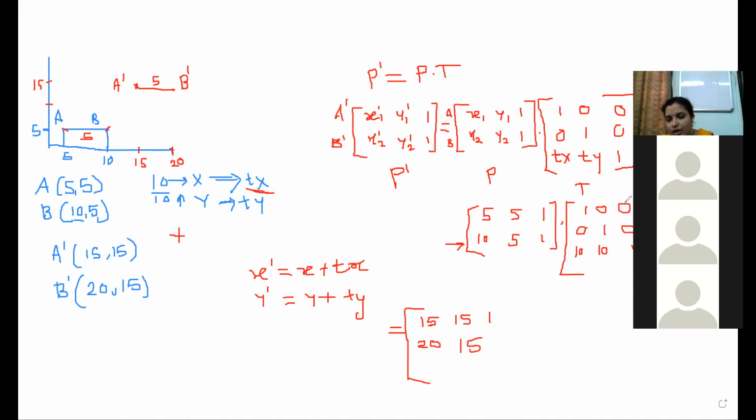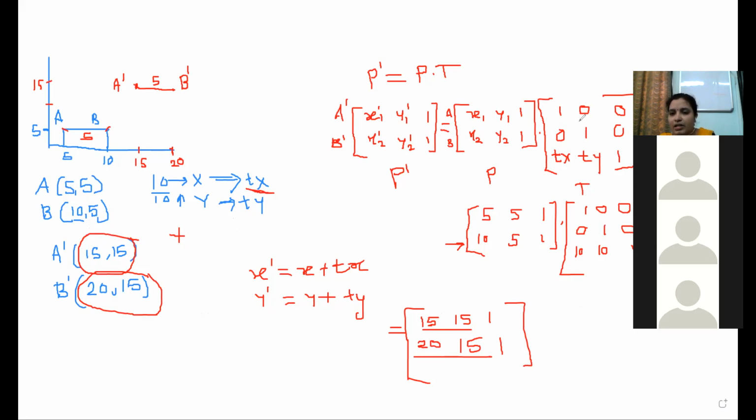And the last row and last column is giving you result as 1. So ultimately, same coordinates मिळाले का तुम्हाला, 15, 15 आणि 20, 15. म्हणजे मी काय करतेय, जे मला ऍडिशननी मिळत होतं सेम रिझल्ट्स आय एम गेटिंग विथ दिस मॅट्रिक्स मल्टिप्लिकेशन.